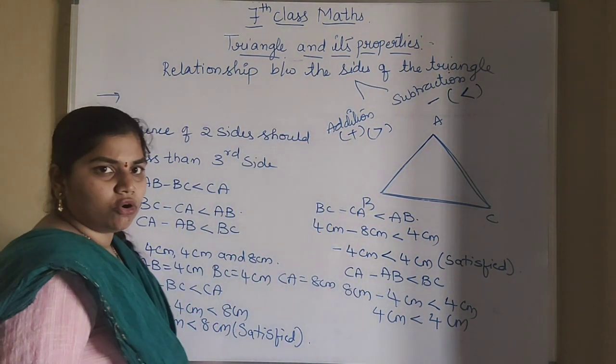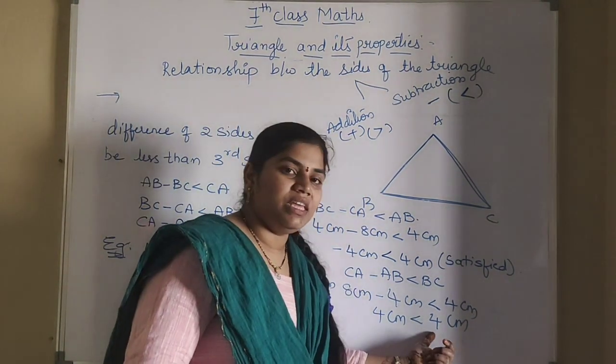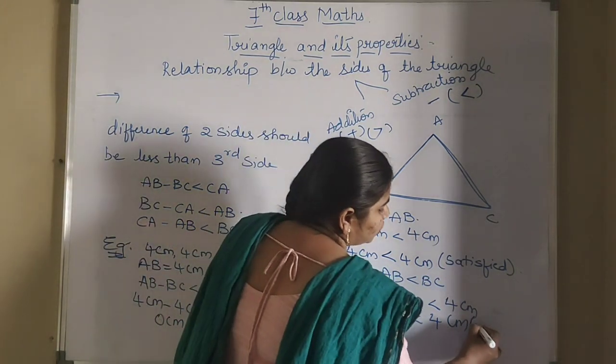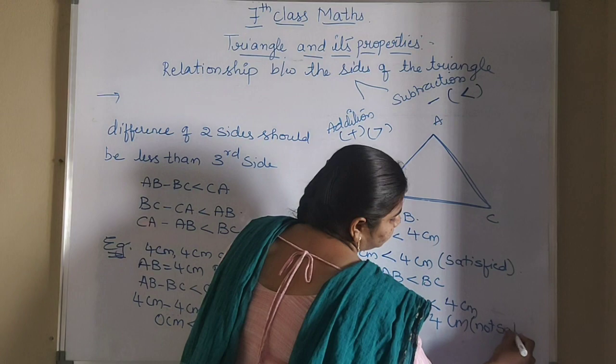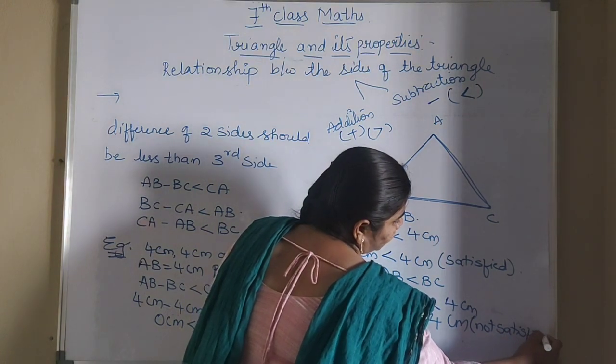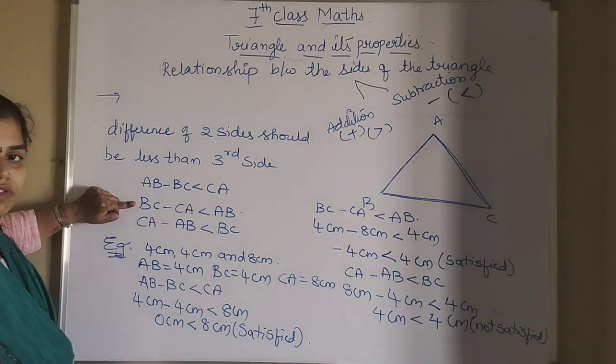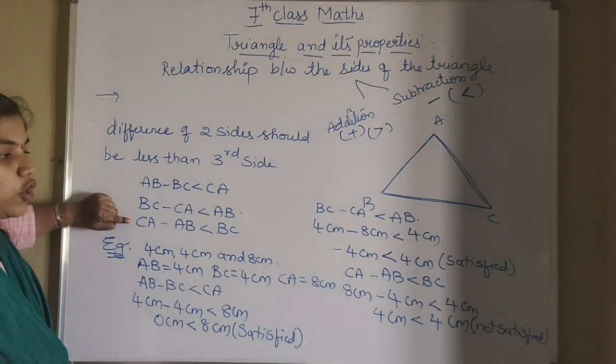Is 4 less than 4? No, both 4 and 4 are equal. So this condition is not satisfied. So the first condition is satisfied, the second is satisfied, the third you got as not satisfied.